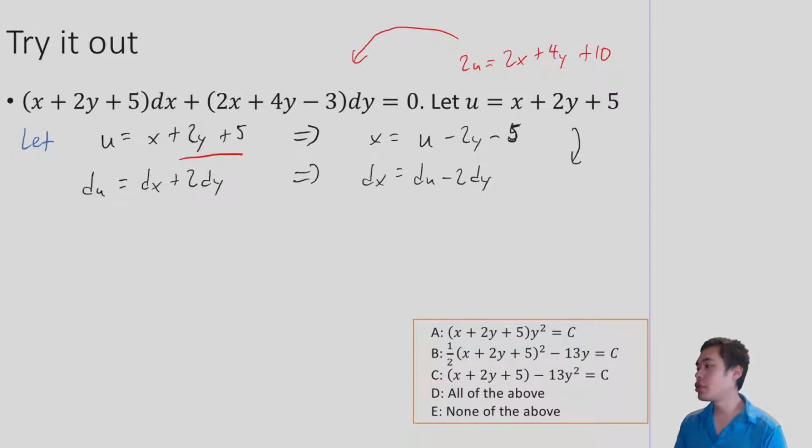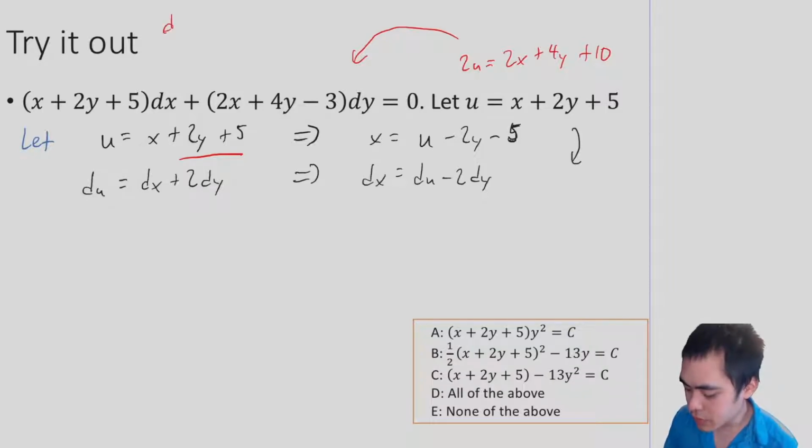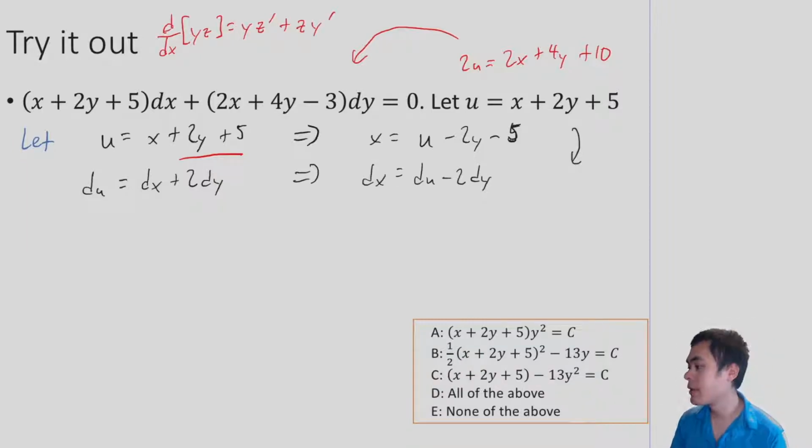So when you think about the product rule, d/dx of, let's say, yz is equal to y times z prime plus z times y prime. So you could try to do that substitution, but it will not be helpful.